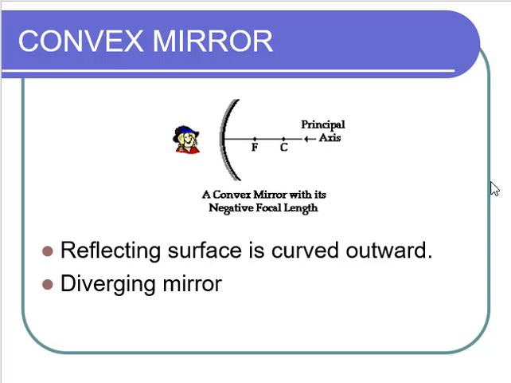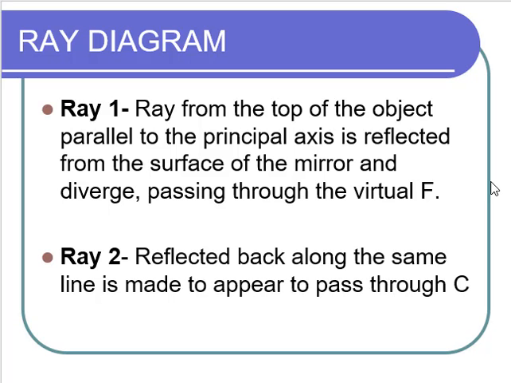For convex mirror, the reflecting surface is curved outward. So as I have mentioned, the back of the spoon, or the back of the spoon is facing you, that is convex mirror. It's known as diverging mirror because the rays are being diverged, or kumakalat yung rays niya if it hits a convex mirror, unlike in a concave mirror wherein it converges.